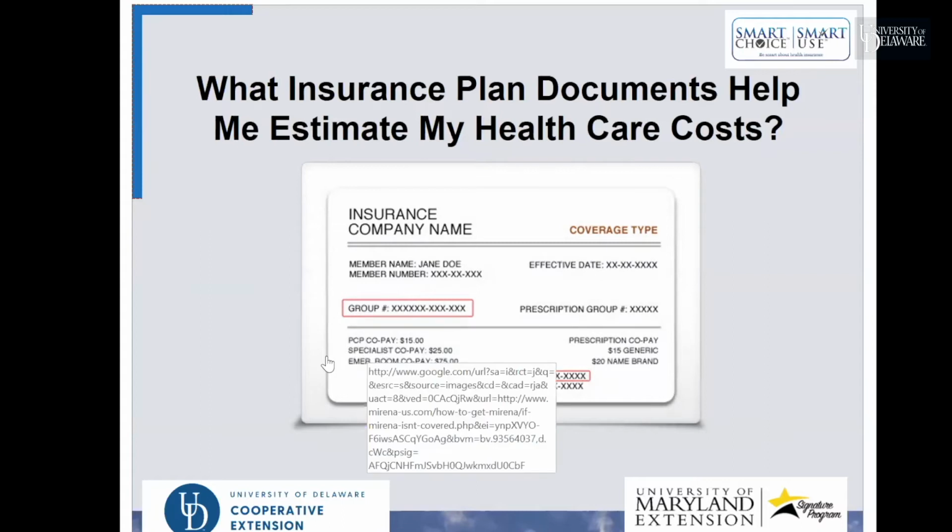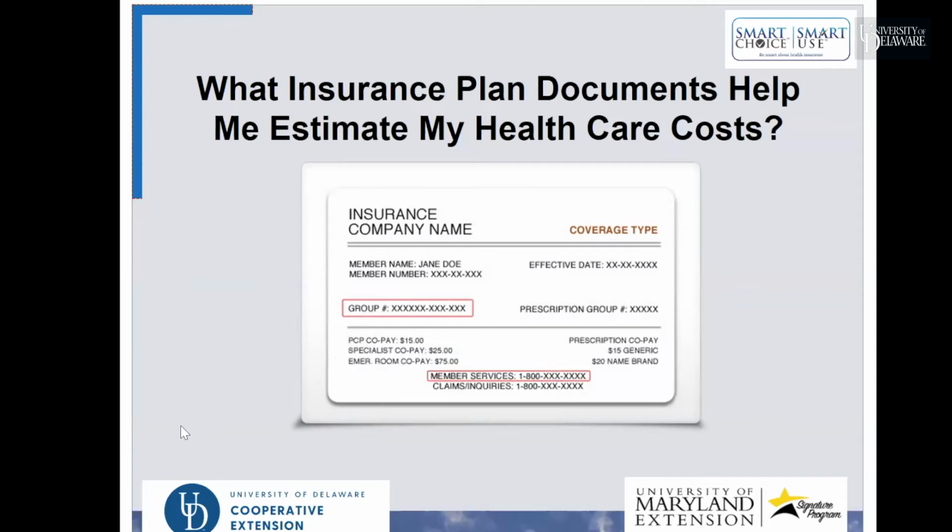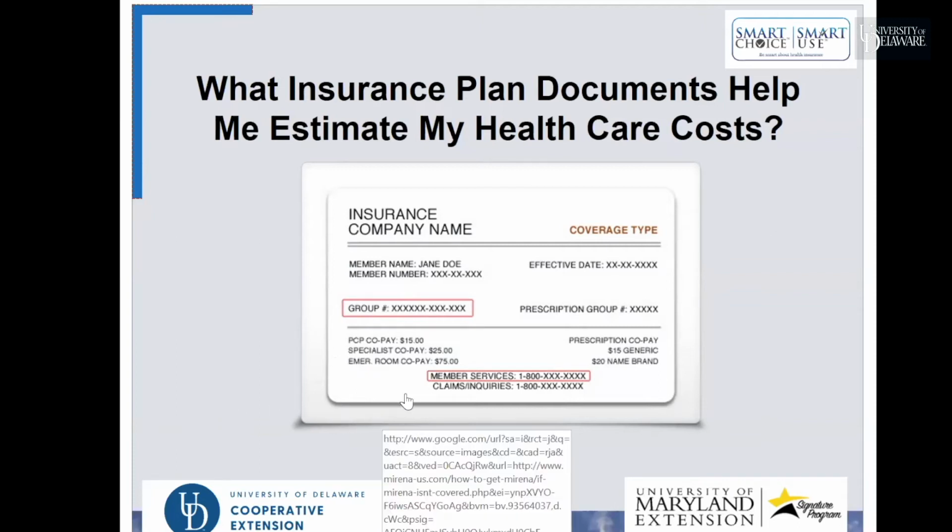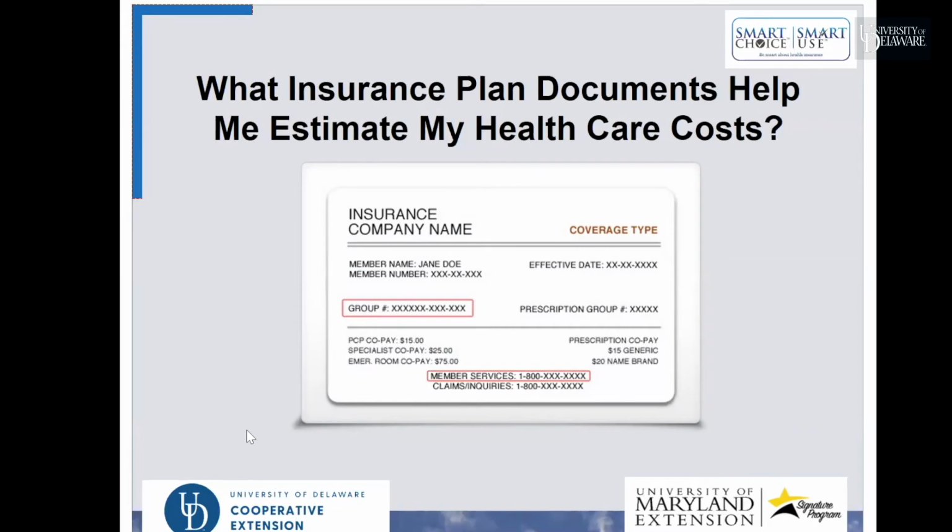In this particular example, you have the primary care physician copay costs of $15, specialist copays of $25, and emergency room copay of $75. And then you also have a number there for member services, and that's typically listed on your insurance card. You can always call that number and ask them questions about cost, and they should be able to answer that for you.